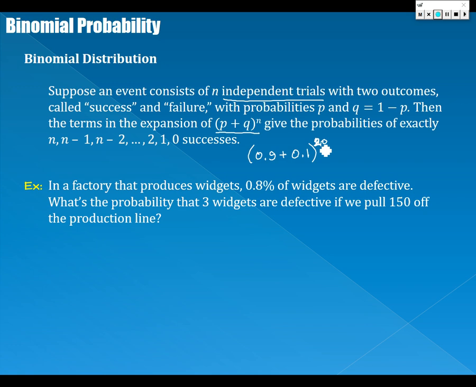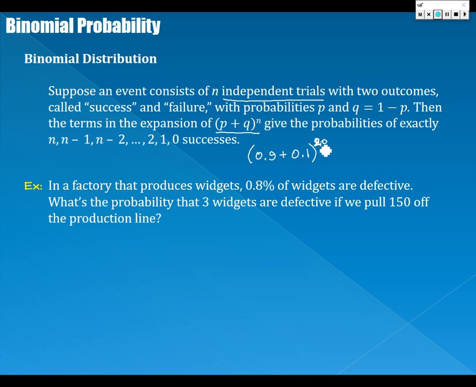So this expansion, of course, if you list it all out, does in the end equal 1, but that's not the point of this. It's not to ask what it all equals. The point is we might want to look at some piece of it that gives a certain probability of something happening. So let's give this a try here. We need to identify what n is, the total number of trials in this example, and the probability of success.